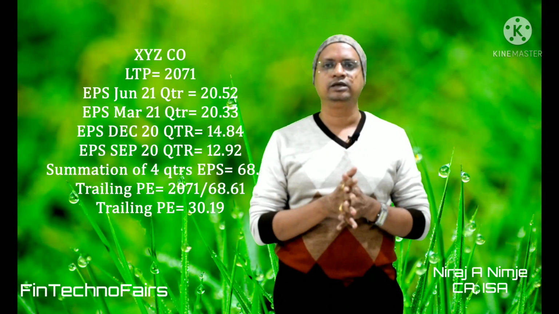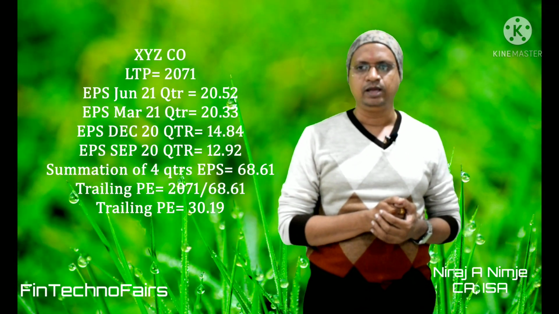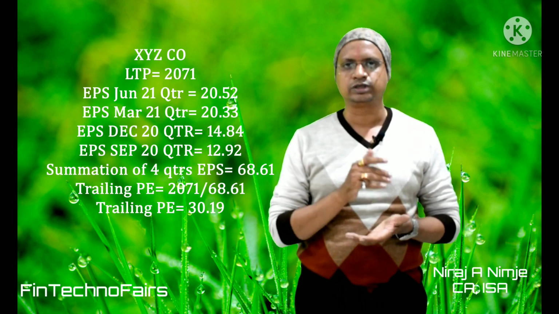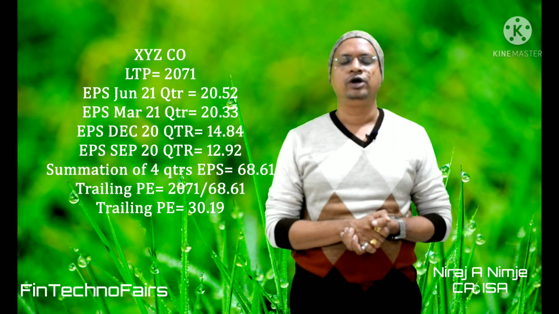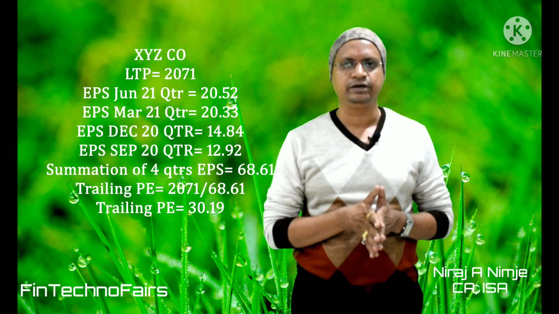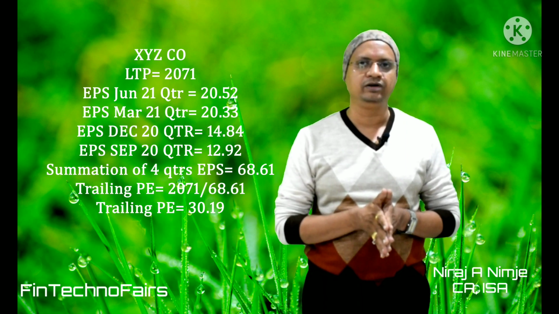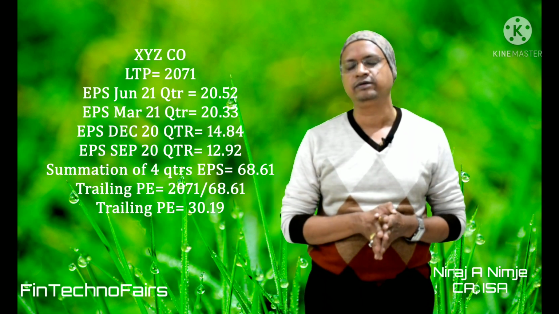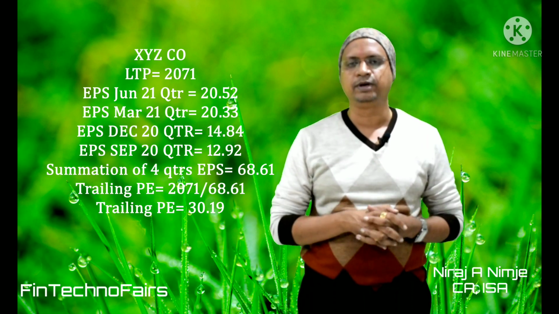Let's consider a case of XYZ company. The LTP is 2071 rupees. Now we have EPS of June 21 quarter, March 21 quarter, December 20 quarter, and September 20 quarter.